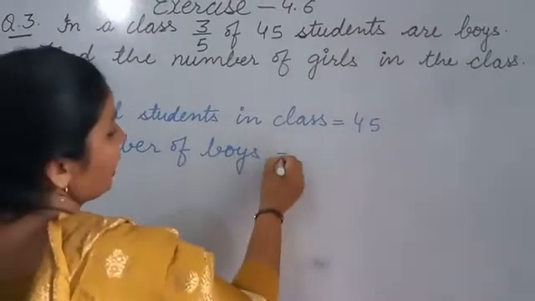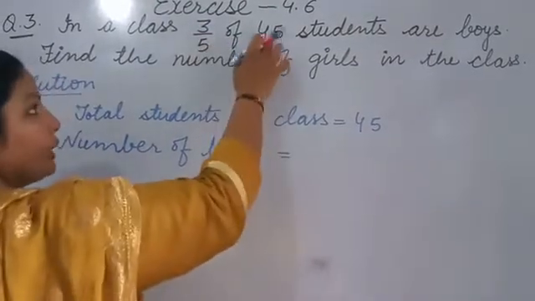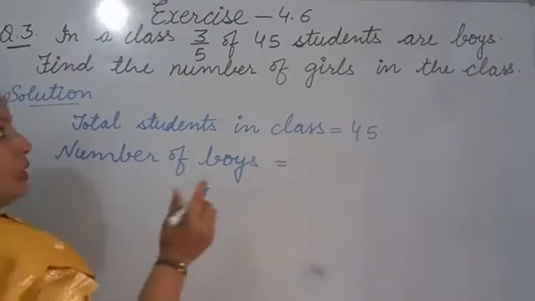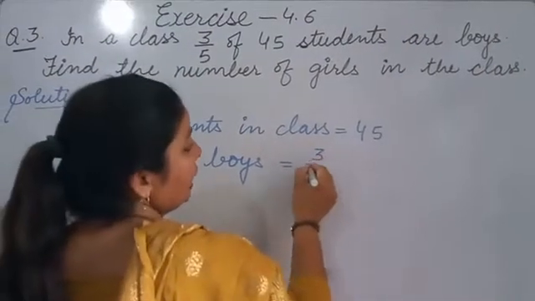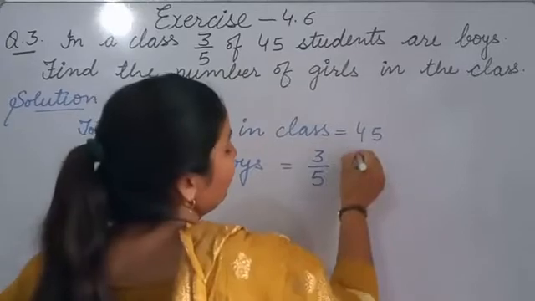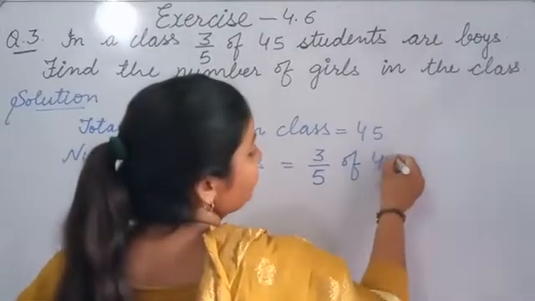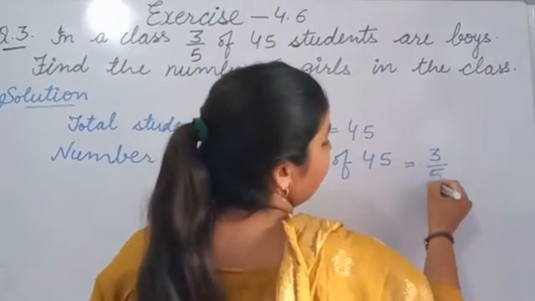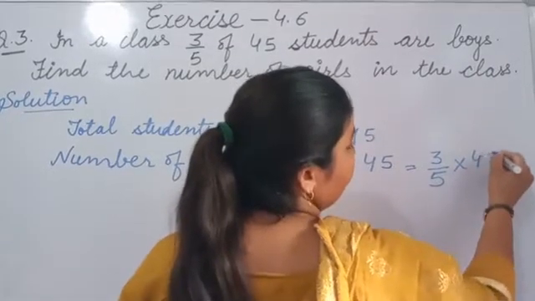We know in the fraction that 3 upon 5 of 45 are boys. So now we find number of boys. Number of boys 3 upon 5 of 45, 45 total students. So we should solve it. Of means of we change into multiply. So 3 upon 5 multiply 45.